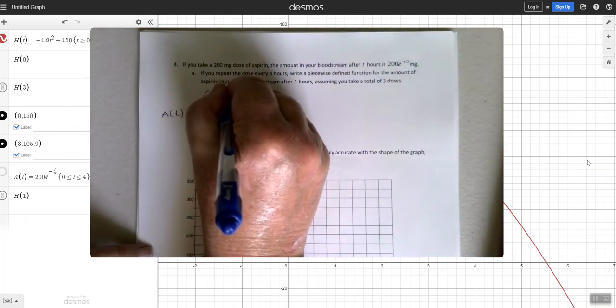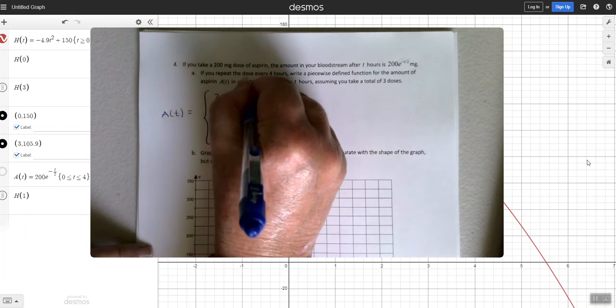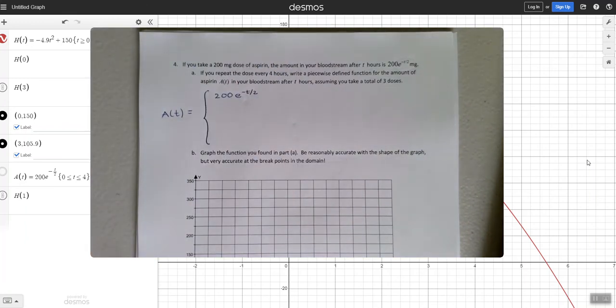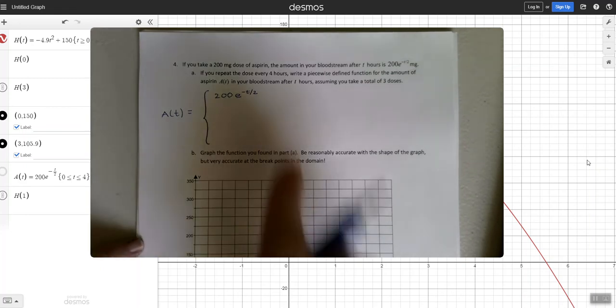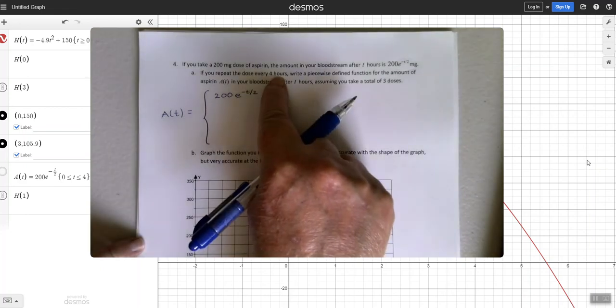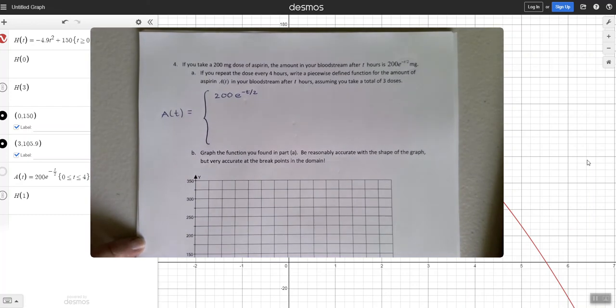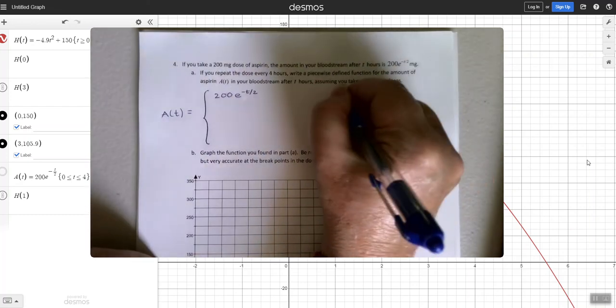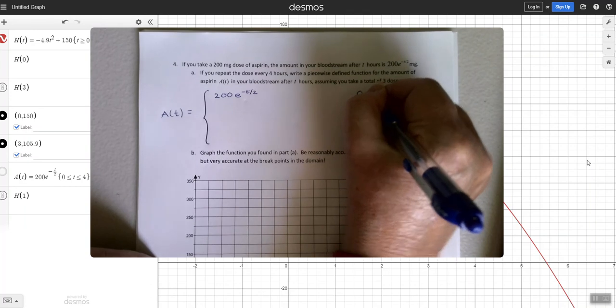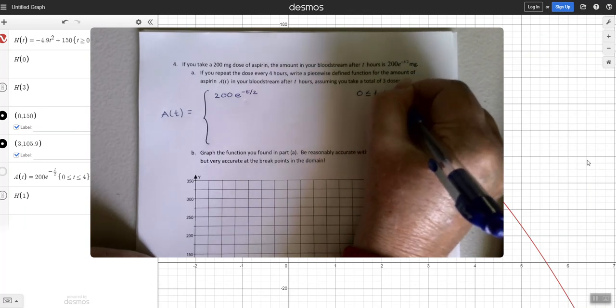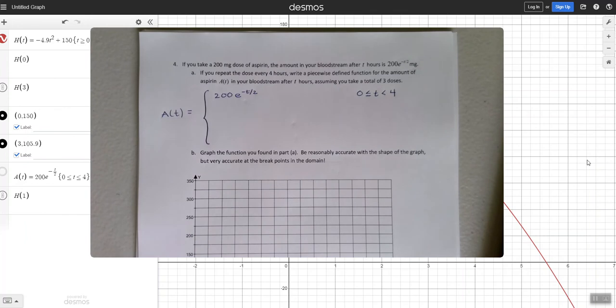They gave us that. Now, keep in mind, that's only valid until you take a second dose, because then you're going to have more aspirin in your body. So that's really only going to work until the 4-hour mark when you take another dose. So I'm going to say this is good from time 0 to time 4.